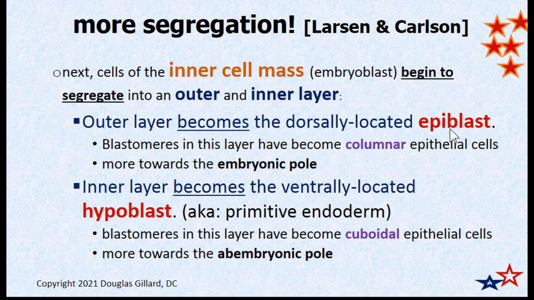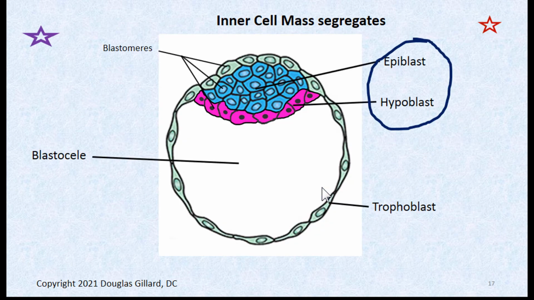Those are going to be located toward the embryonic pole. They're columnar in shape. I don't think I would ask that, but just to throw that out there. The layer that's underneath those, or more toward the south pole or abembryonic pole, that's going to become the hypoblast, which is made of hypoblast cells. So we've just created something called the bilaminar disc.